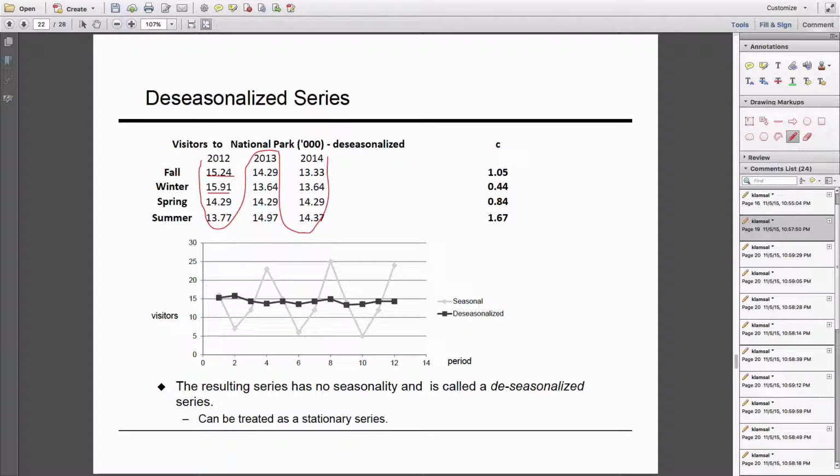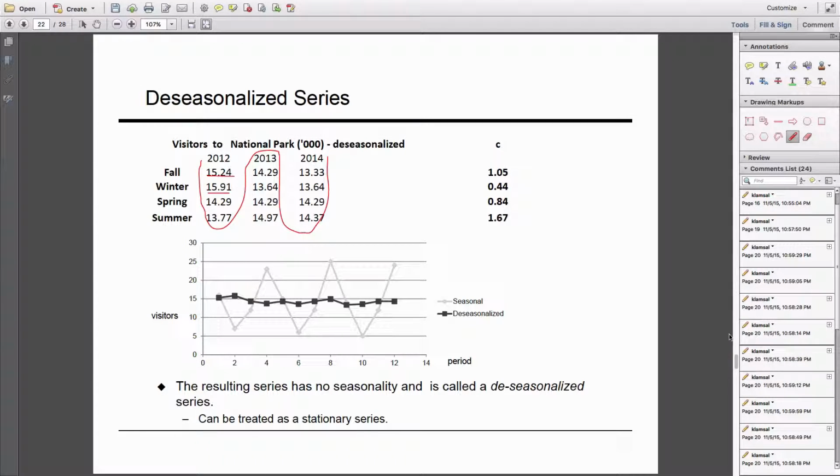I went ahead and plotted this data. You see the seasonal data and then the deseasonalized data. The idea of deseasonalizing is to take away these peaks and troughs from the data and make it the data that we were used to before, like the stationary data.